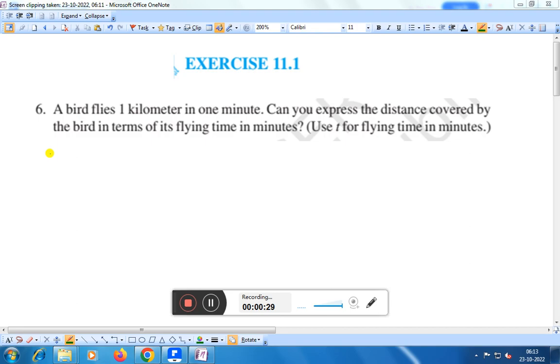Here, let us solve this problem in this way.